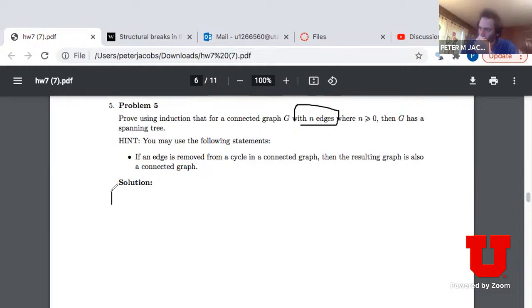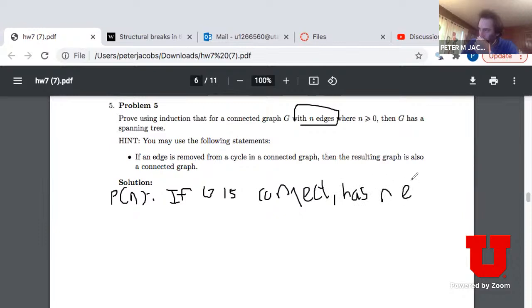So we're going to make a predicate here. Pn is going to be the statement that if G is connected and has n edges, then G has a spanning tree.